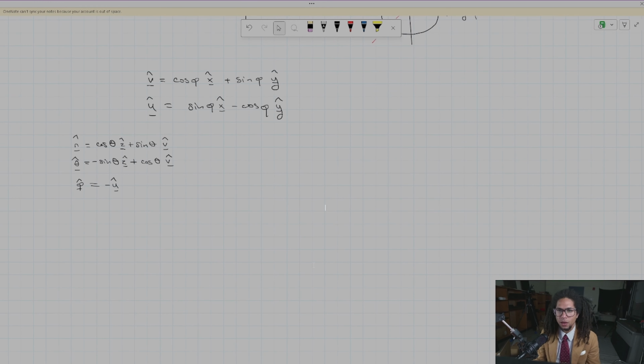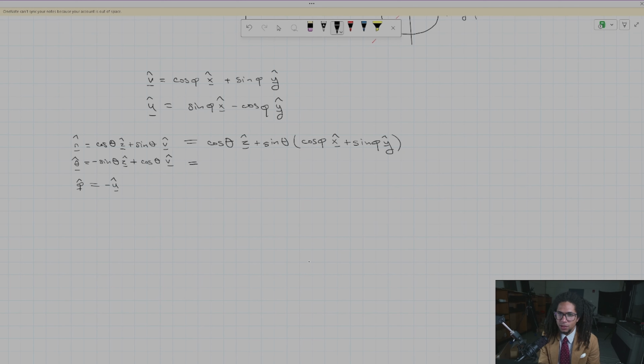Okay, so this is then equal to cos theta z hat plus sine theta times cos phi x hat plus sine phi y hat.